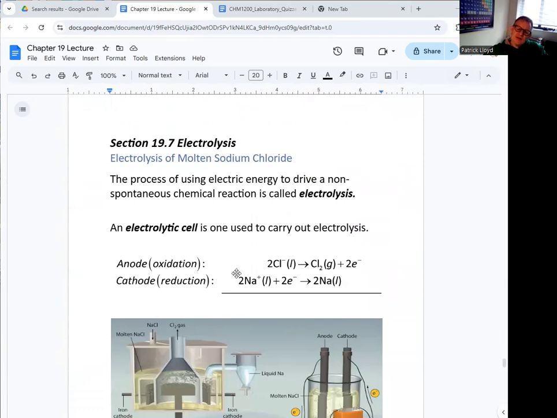And then the alternative to the galvanic cell is the electrolytic cell, which is, instead of generating electrical energy from a chemical reaction, we actually put electrical energy in order to make a non-spontaneous reaction occur. And this is also very useful. So for example, metals like aluminum and titanium, which are so important in our modern society, do not exist on the earth in raw form.